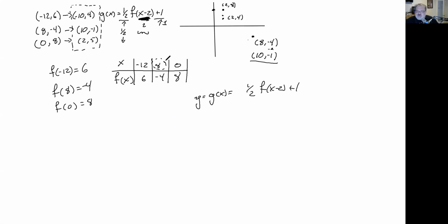So if we want to get at this negative 4, we'd have to plug in a 10. So the 10 minus 2 is going to be negative 4. And then 1/2 times negative 4 plus 1, half of negative 4 is negative 2, plus 1 is negative 1. And that's our negative 1.